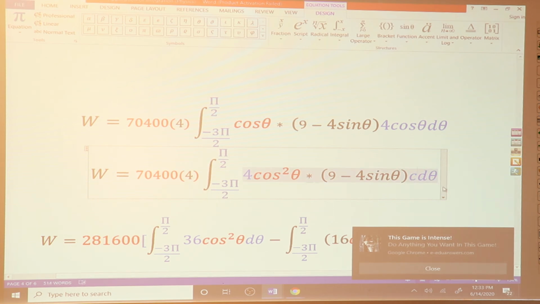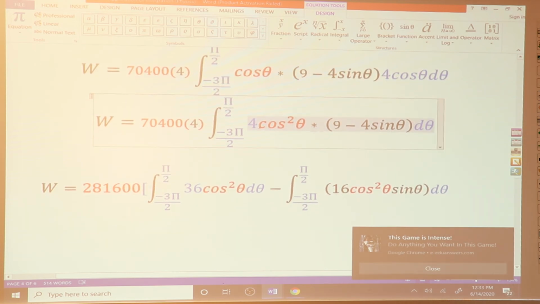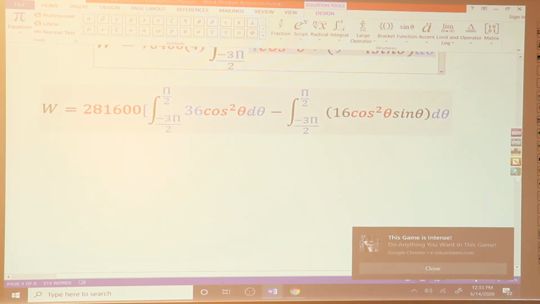In this step, I multiply 4 cosine theta times this, 4 cosine square theta. When you multiply 4 cosine square theta times 9, 36 cosine square theta. When you multiply 4 times 4, 16 cosine square theta. Now how do we deal with this?